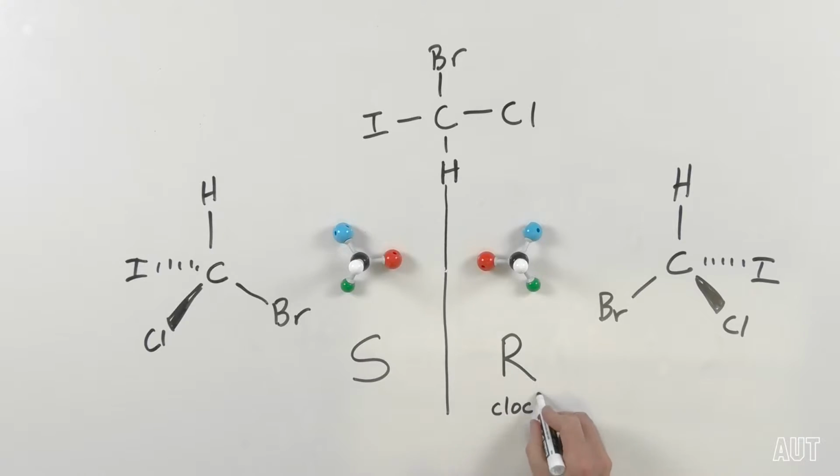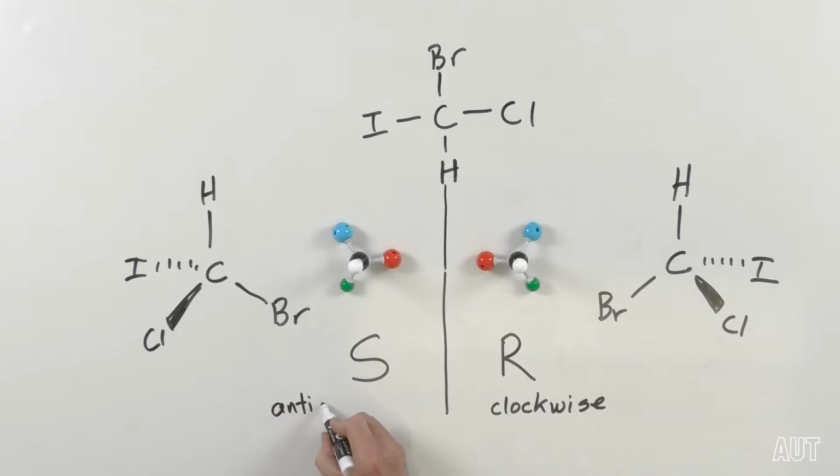And that then determines R or S. So R means that you are going clockwise, and S means that you are going anti-clockwise.